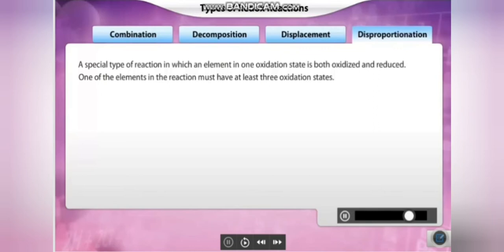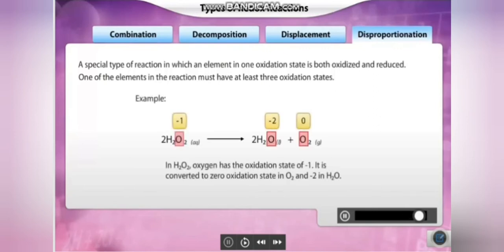Let us look at this example: hydrogen peroxide giving water and oxygen. Here oxygen has oxidation states of -1, 0 and -2.